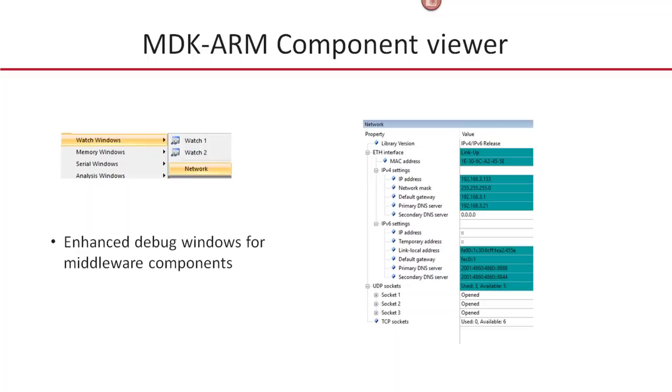This shows all of the key variables or constants within the middleware in real time as you run the debugger, so it provides very good visualization of how the RTOS or the middleware component is running.